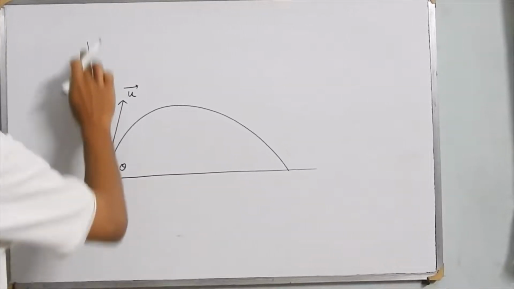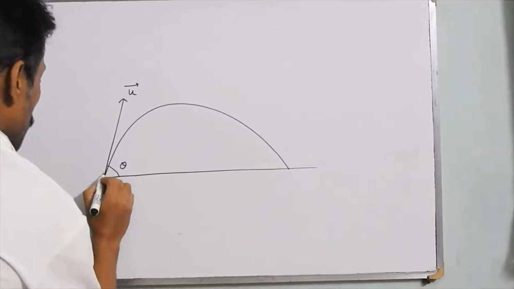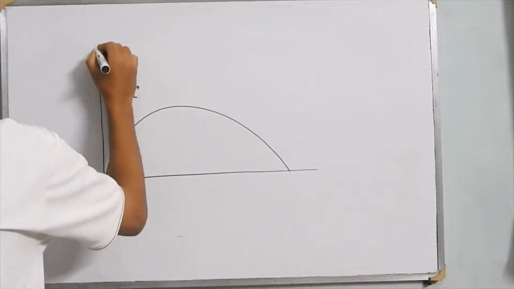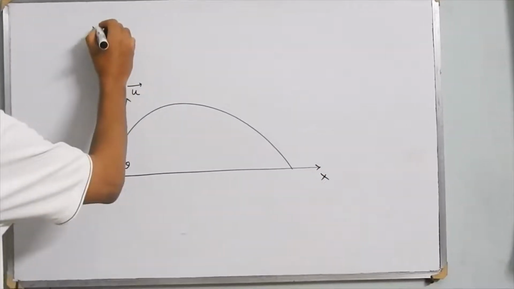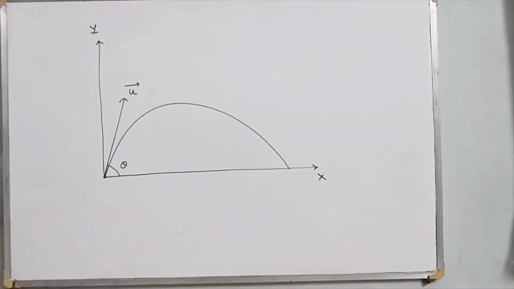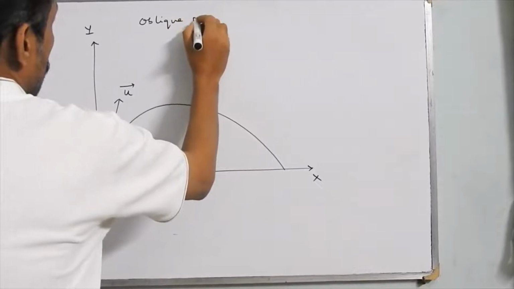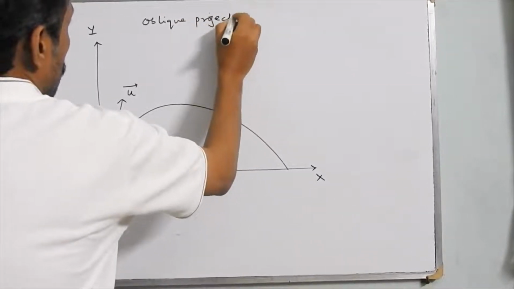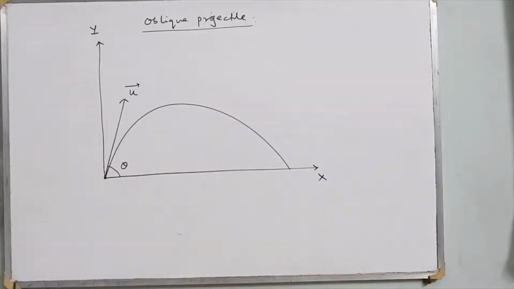One is the vertical axis, that is the axis which is perpendicular, and another is the horizontal axis, that is the x-axis. So we will again express the motion of this type of projectile, which might be called an oblique projectile, as two independent motions, one along the vertical direction and one along the horizontal direction.